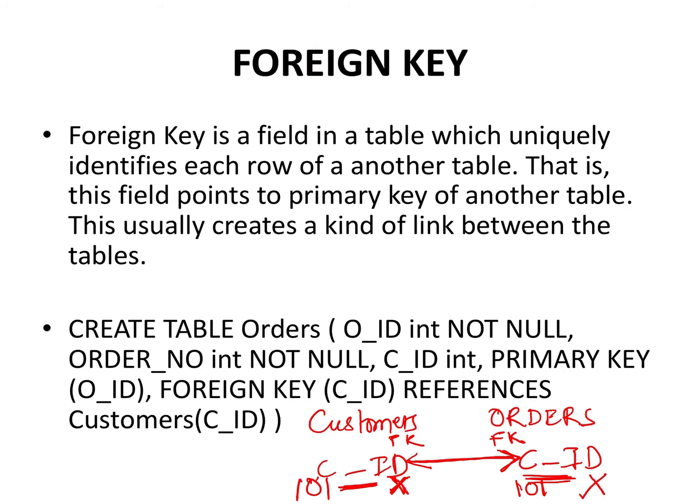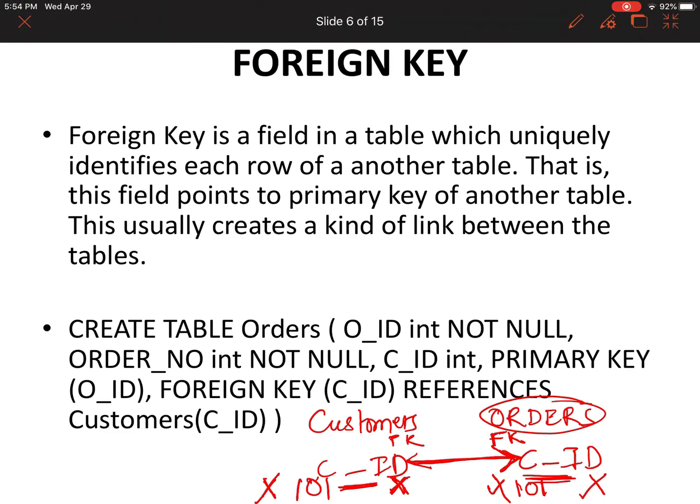So there will be no false or invalid data existing in the tables. The moment it gets deleted from the primary table, it will get deleted from the child table. Orders is known as the child table, because it is borrowing the entries in the foreign key from the primary key. So this is the meaning.